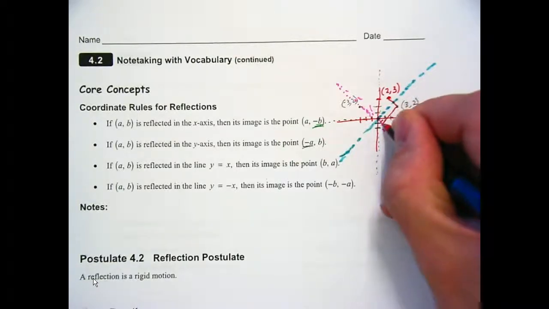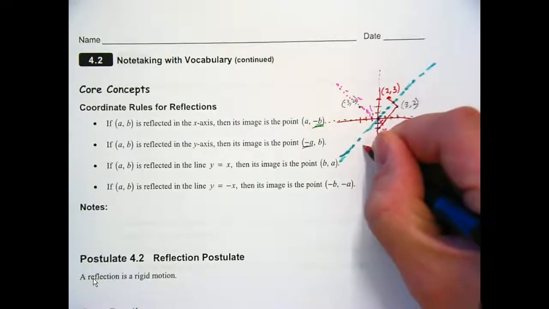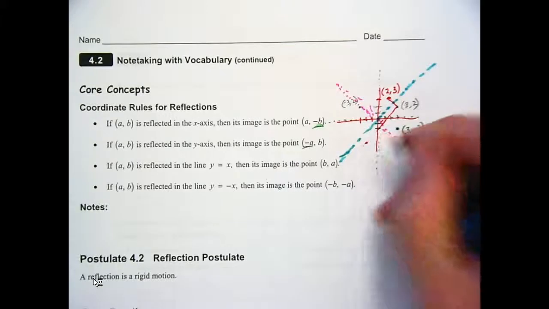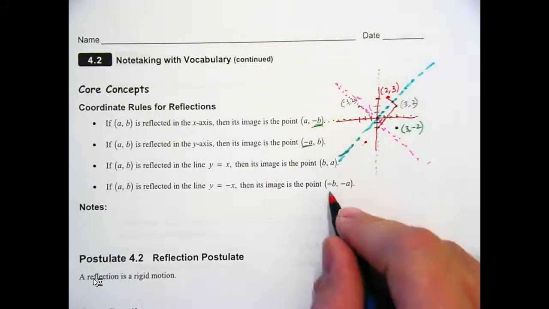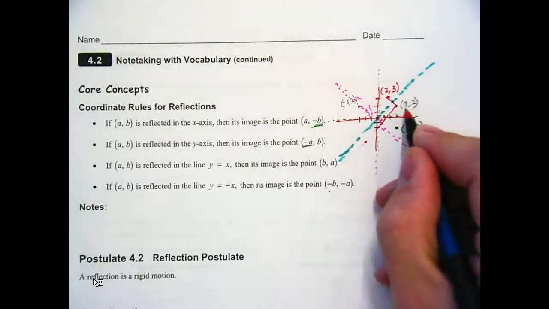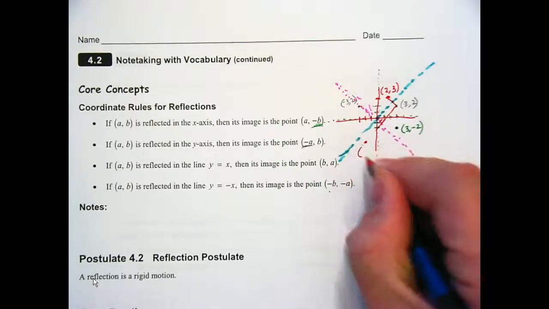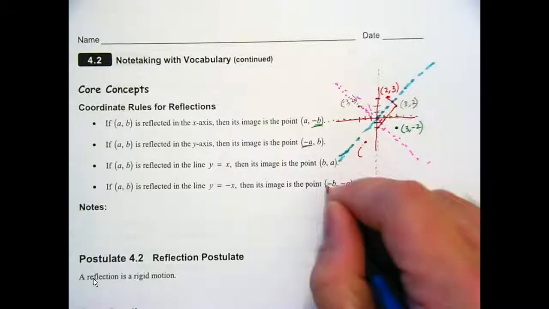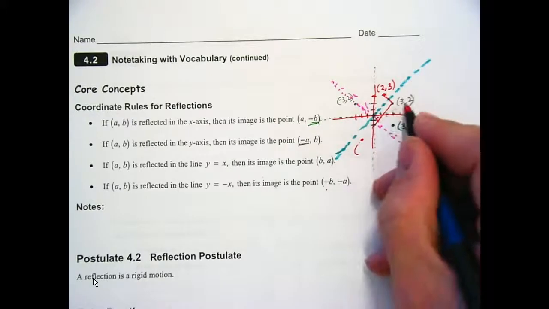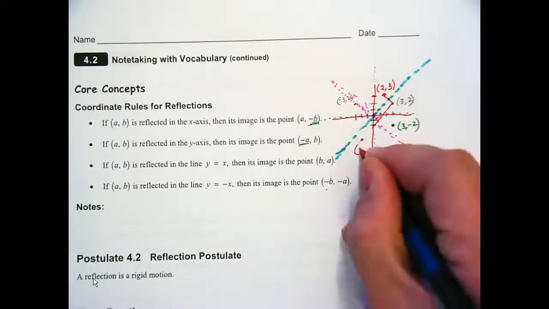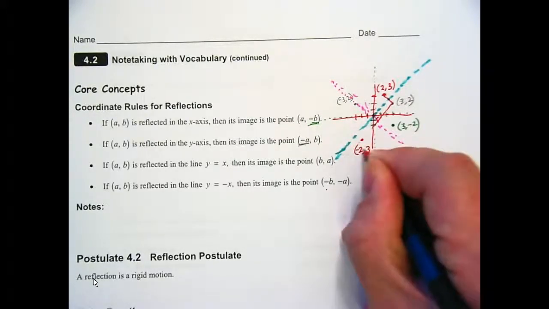So from here, it would drop down to right around there somewhere, and you would now be at negative B, negative A. So what was x becomes y, and you make them negative. I had 3, 2. I now need to make it 2, 3, and change them both to negatives.